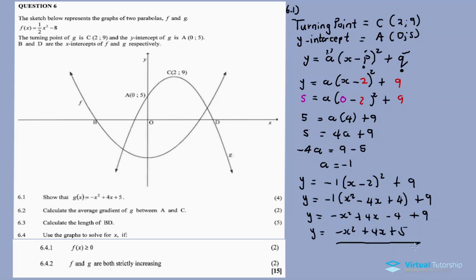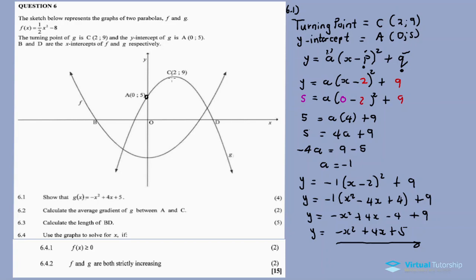This is our final answer, which is the same as this one basically. So that's 6.1 done, and then we go to 6.2: calculate the average gradient of g between A and C.